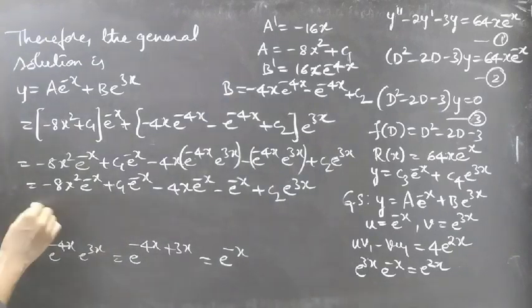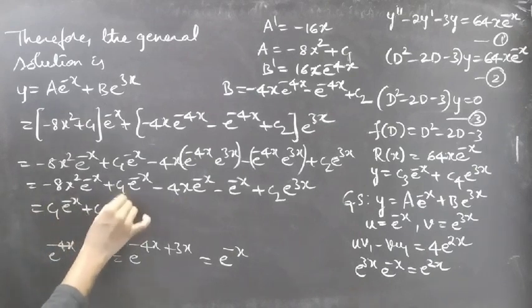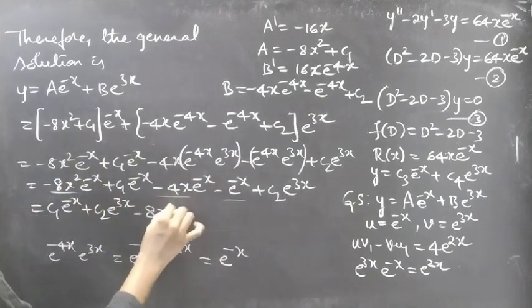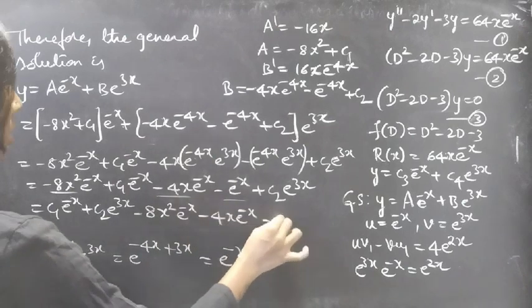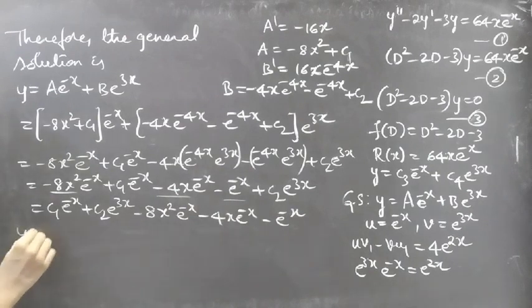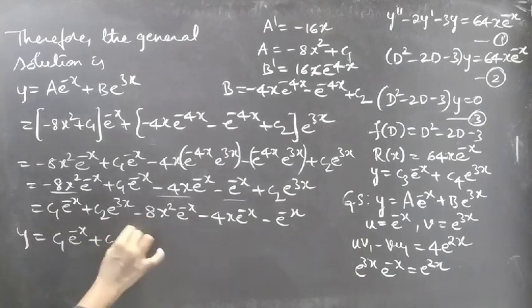Now write the terms involving c1 and c2. Firstly, we will get c1 e power minus x plus c2 e power 3x. Now write the remaining terms. Minus 8x square e power minus x minus 4x e power minus x minus e power minus x. This gives us y equal to c1 e power minus x plus c2 e power 3x.